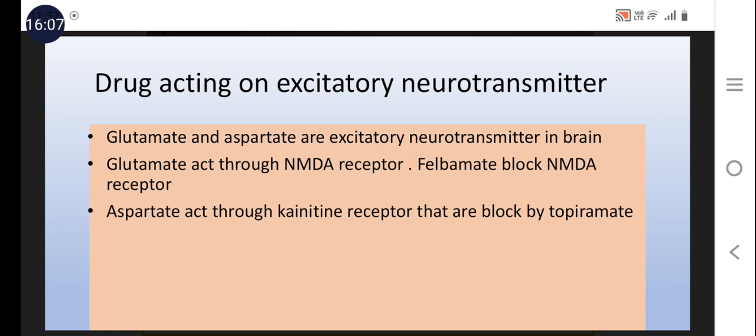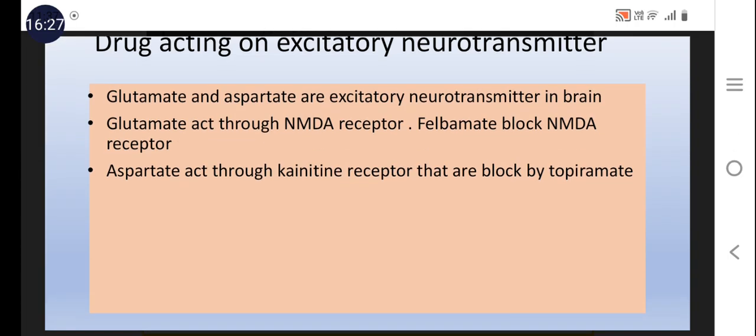So the activity of these excitatory neurotransmitters needs to be decreased in case of epilepsy, because epilepsy occurs due to the imbalance between the excitatory postsynaptic potential and inhibitory postsynaptic potential.